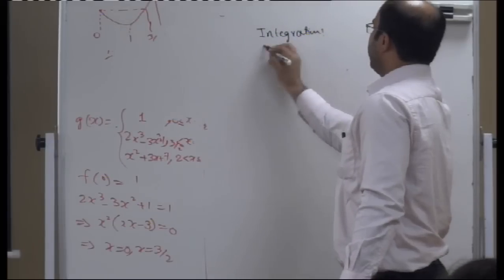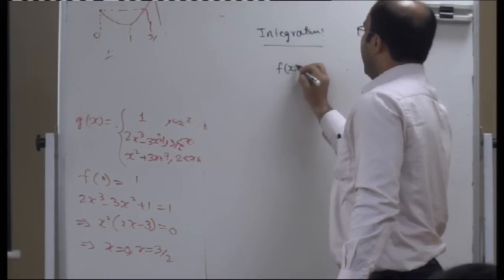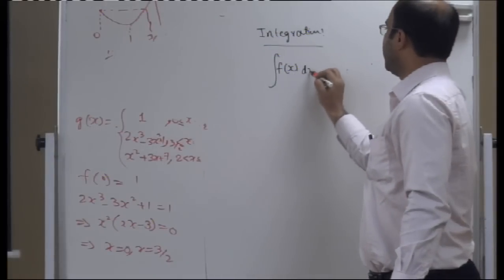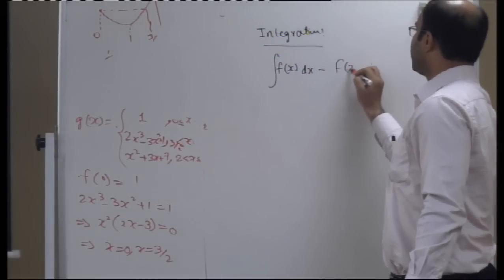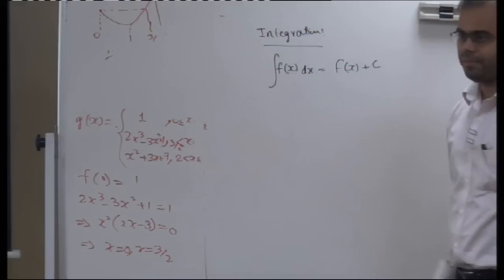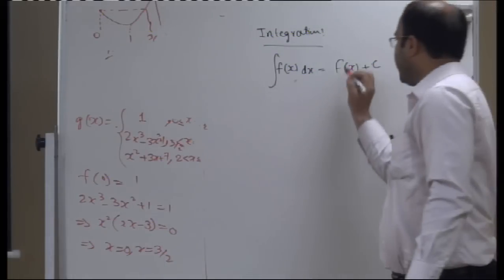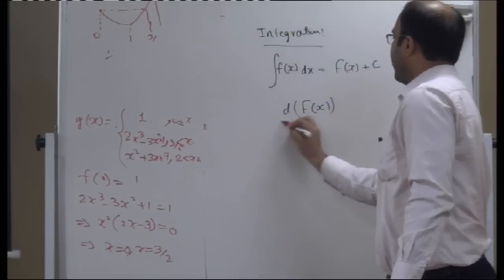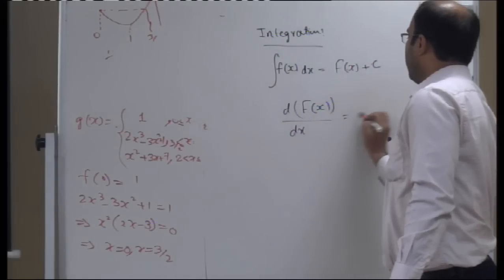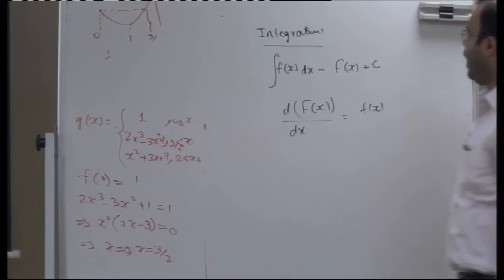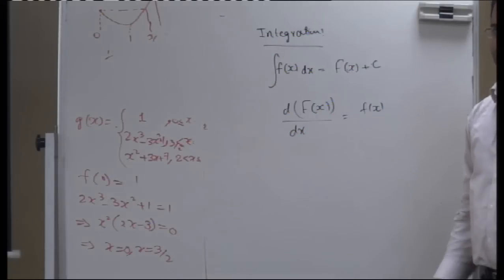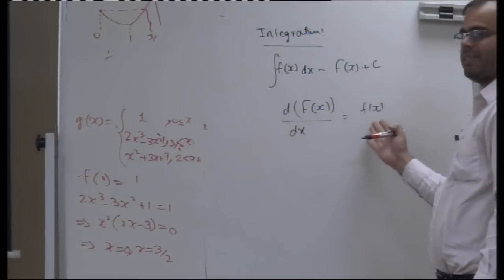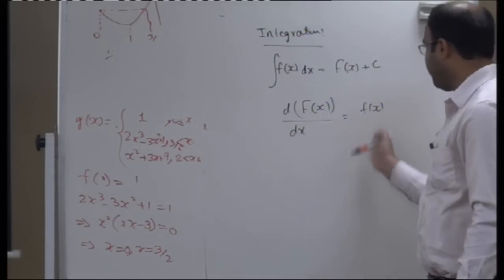There is a function f(x), and when you say that the integration of f(x) is capital F(x) plus a constant of integration c, that actually means that this capital F(x), when differentiated with respect to x, gives you small f(x). It is also called the anti-derivative, just the opposite of derivative. So if the derivative of capital F(x) is small f(x), then the anti-derivative of small f(x) is capital F(x).